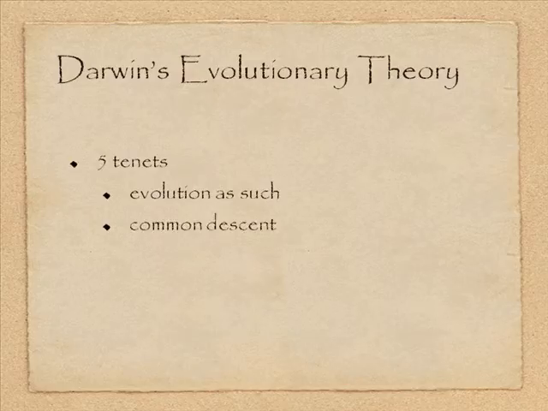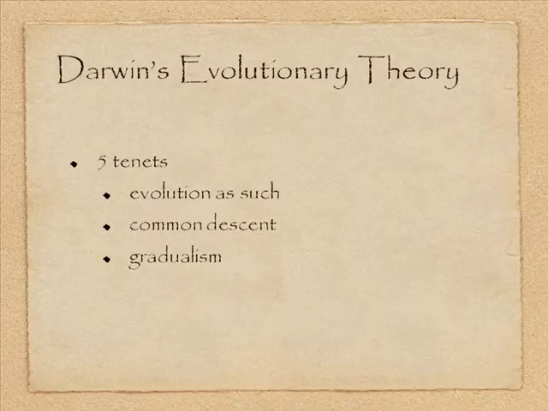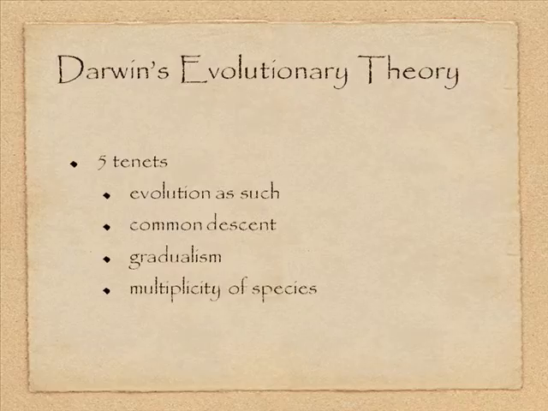Another idea is common descent, so the single origin of life, which is really kind of the backbone of the theory. And this provided a unity to the world that wasn't there before. Gradualism: gradual, continuous accumulation of changes over time. There's some debate about this in modern evolutionary theory, but it was important in Darwin's concept because it provided the time frame for all of these changes to accumulate, which would result then in the multiplicity of species.